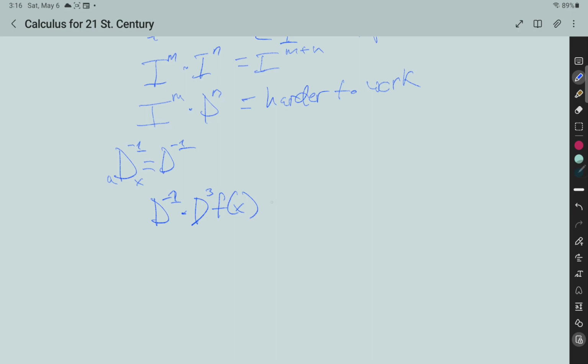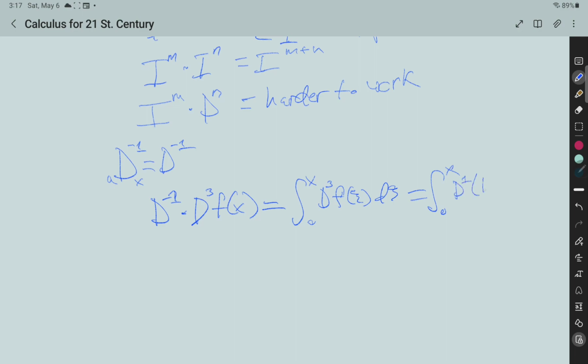So what is this? Well, according to the formulas, this here is just going from a to x, D^3, the third derivative, of f of c, f of c dc. Okay. All right. So whenever you have this, you can rewrite this as, you could pull out one of the D, like D to the 1 power.